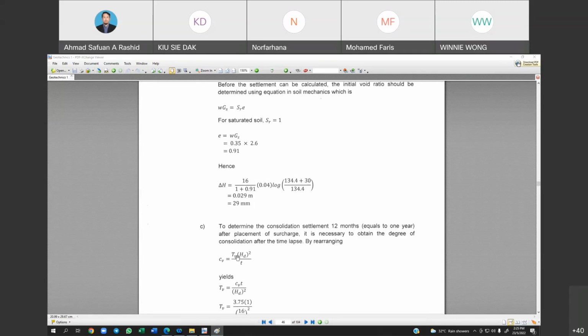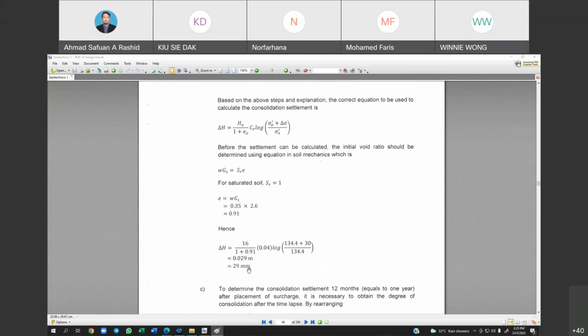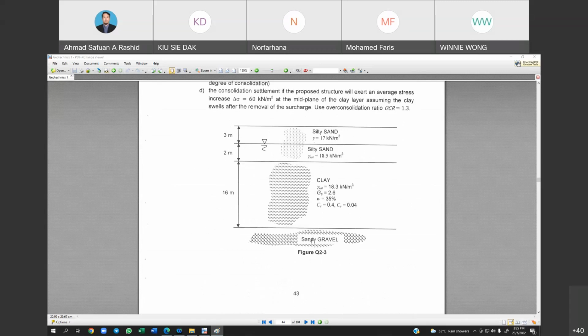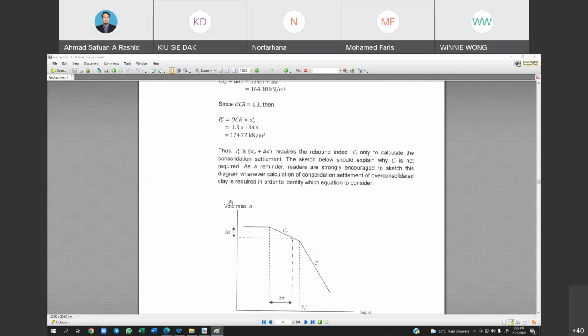The time t is given here, which is 12 months. For the HD, because it is a double drainage condition, with the sandy gravel under the clay layer and the silty sand overlaying the clay layer, it is a double drainage system. So 16 over 2 is equal to 8.